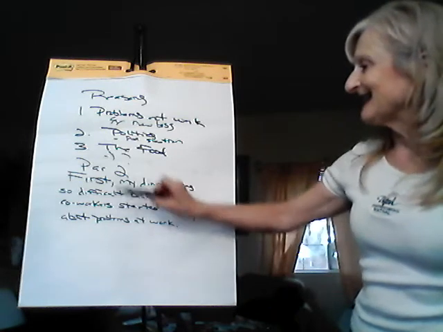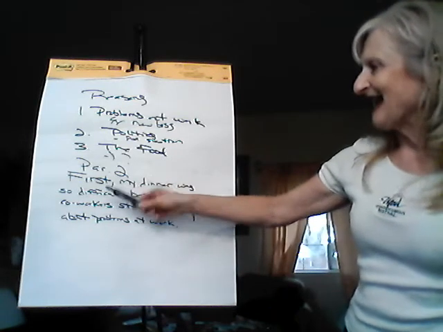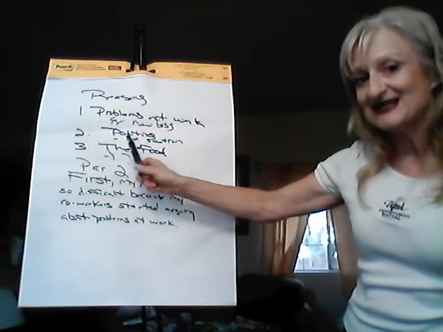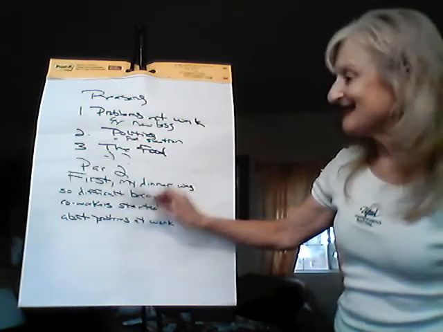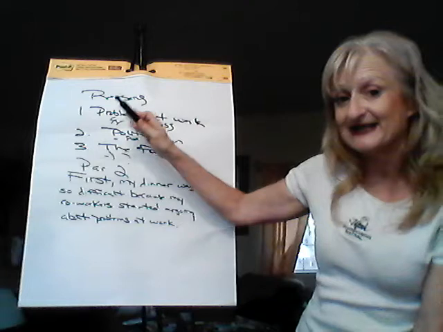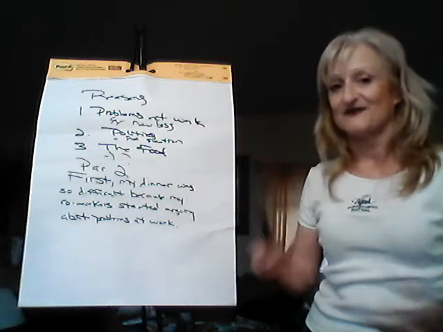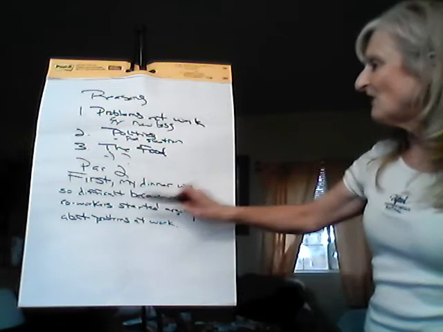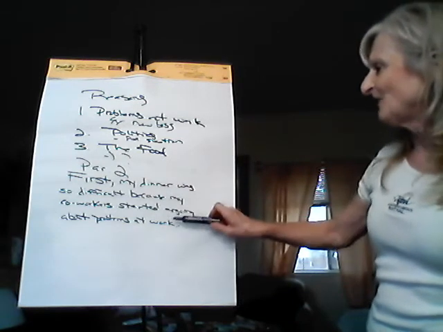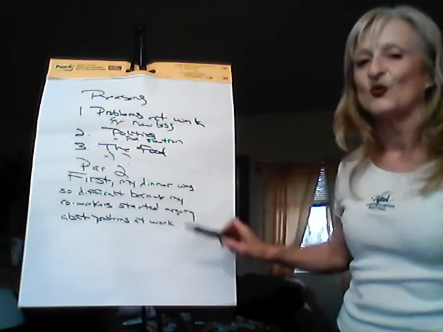So you still have to have that connection to your thesis, right? You have to make sure you're on the same topic, right? And this idea supports the bigger idea that the dinner was bad because of the bickering coworkers, right? So first, my dinner was so difficult because my coworkers started arguing about problems at work.